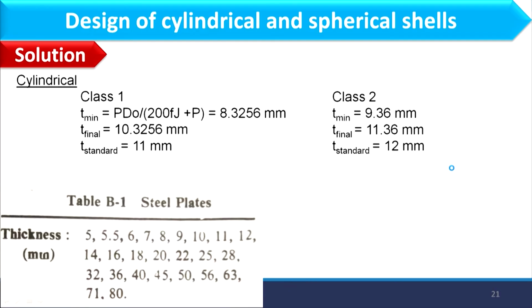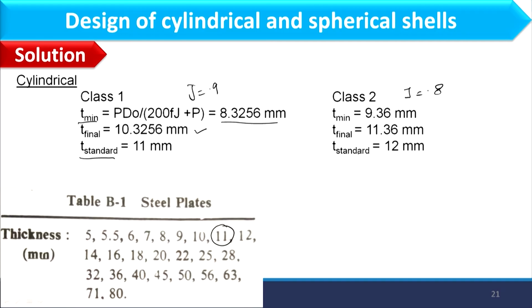And similarly for the cylindrical vessel for class 1, the J value will remain 0.9 and 0.8 for class 2. For class 1 we have minimum thickness as 8.3256, adding corrosion allowance we have 10.3456, and then T standard I can take as 11 as it is the next value.